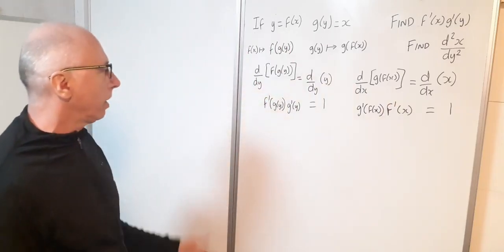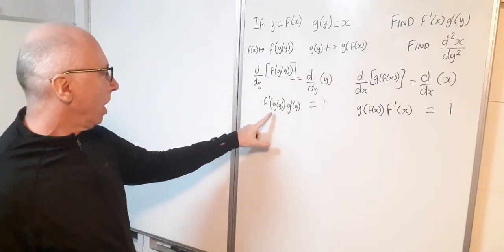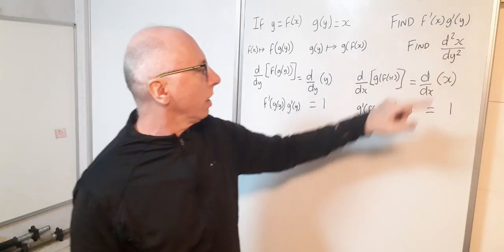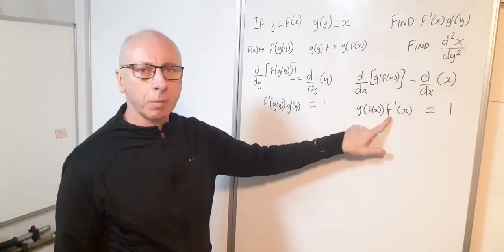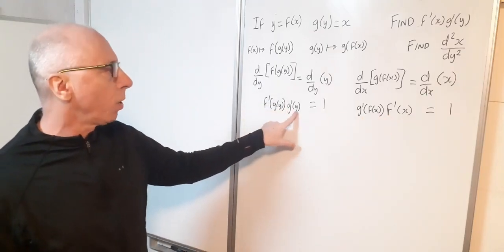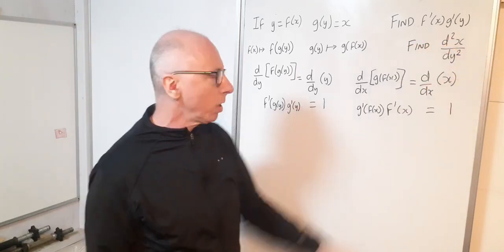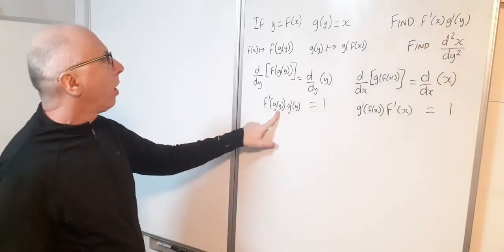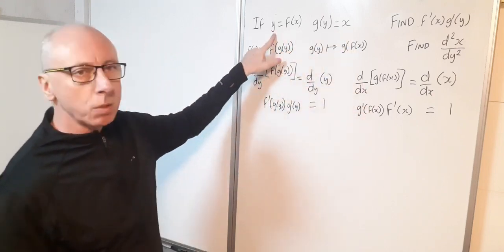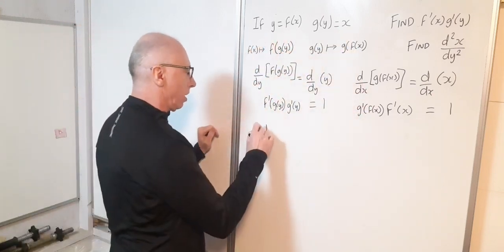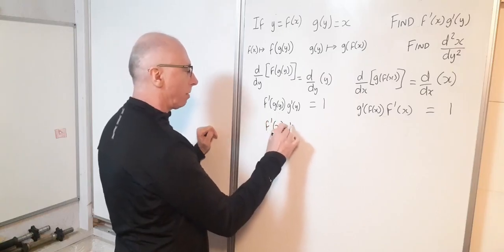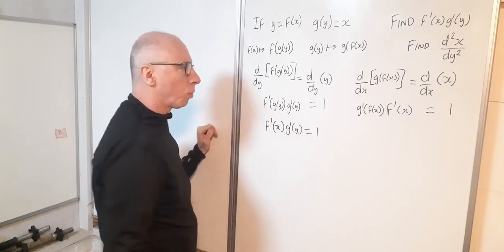Okay, right, now let's do some simplification. I've got f prime and a g prime, which is what I want here, and I've got a g prime and an f prime, which I want here. But here I've got an f of x, and here I've got a g of y. Here I've got a y, and here I've got an x, which is exactly what I want. Well, g of y I know is x, and f of x I know is y. So I can change these to f prime of g of y, which is x, times g prime of y, that equals 1.